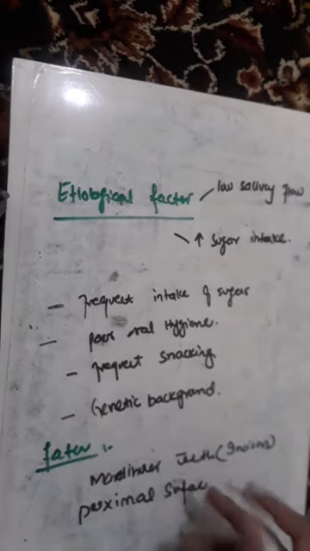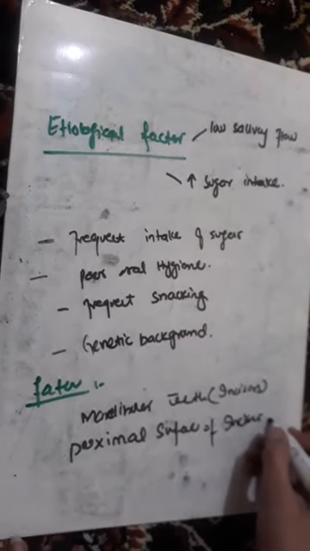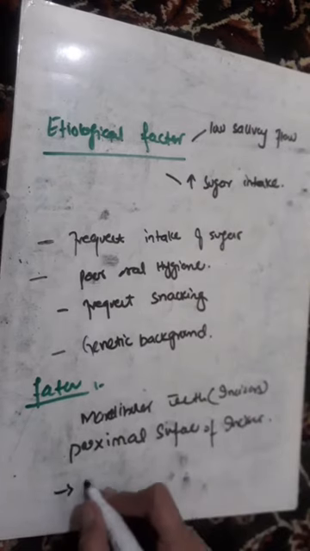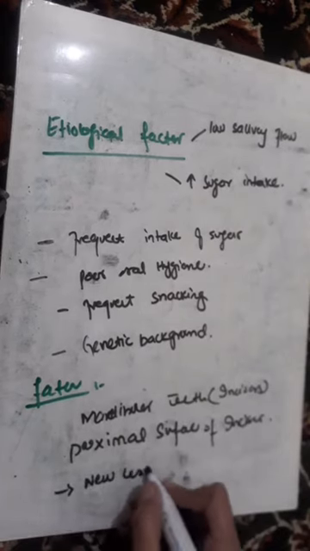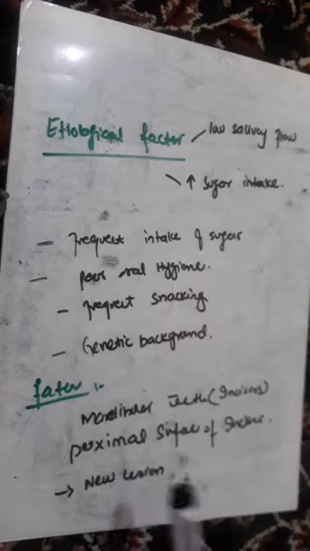There is a rapid appearance of new lesions. We can see there is a frequent, rapid appearance of new lesions. So this is the mandibular teeth involvement in rampant caries.